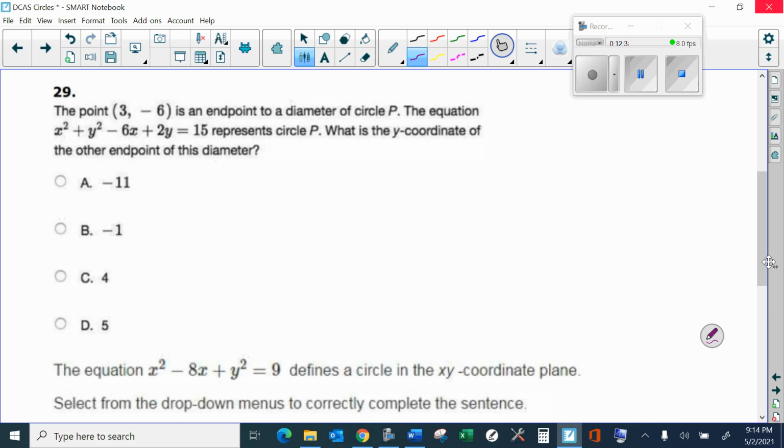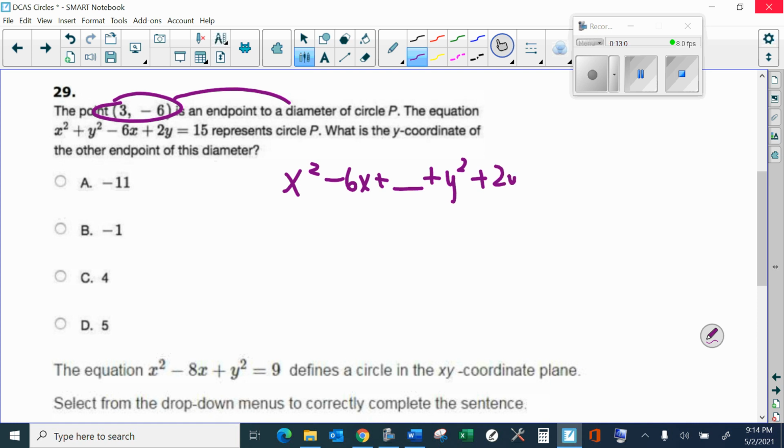The point 3, negative 6 is an endpoint of the diameter of a circle. So it's a point on the circle. First we're going to get the center and the radius by grouping the x's together. x squared minus 6x plus blank plus y squared plus 2y plus blank equals 15 plus blank.